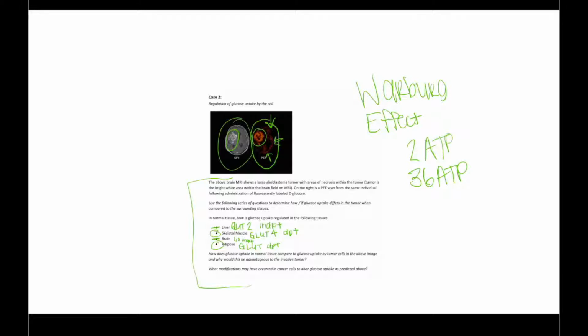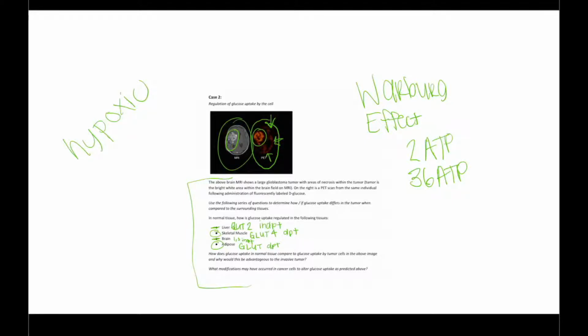But this is still advantageous to them, because the cells can compensate for the loss of ATP by upregulating genes that encode glucose transporters and glycolytic enzymes, causing both an uptake in glucose and an altered metabolism. This change in their metabolic state allows them to survive even in hypoxic environments, which means not enough oxygen.